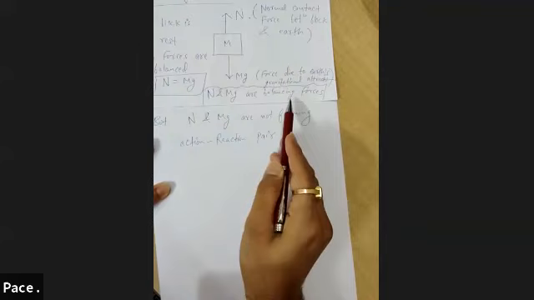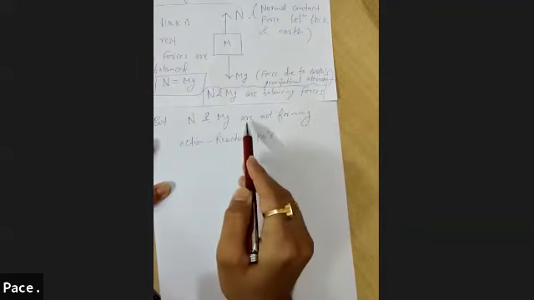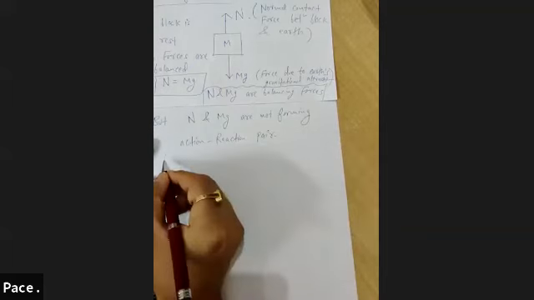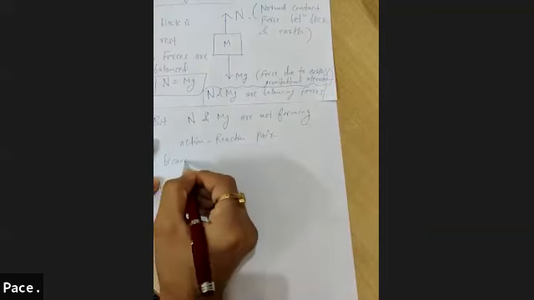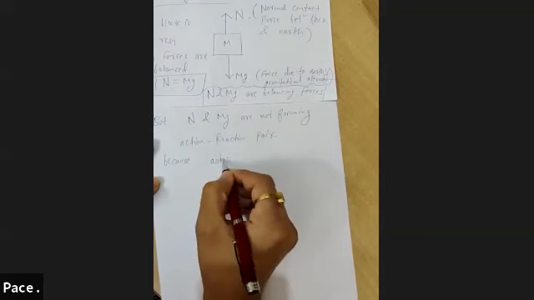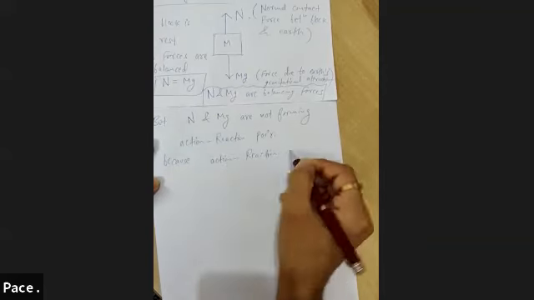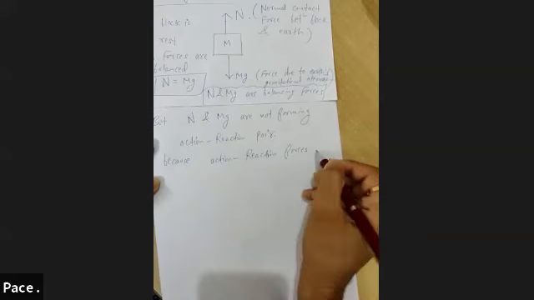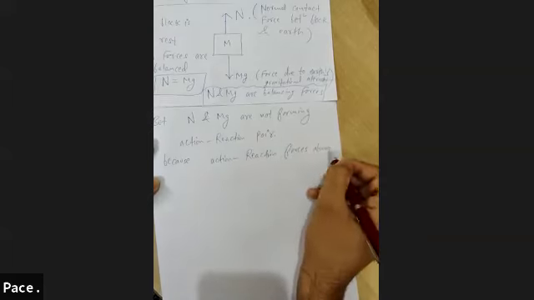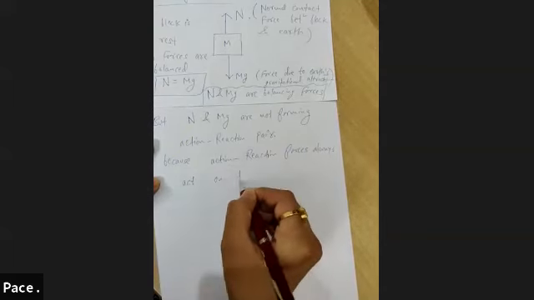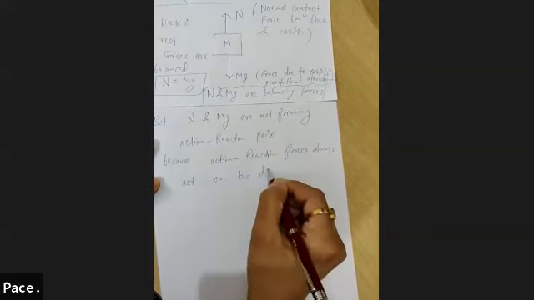Normal and mg acting on this block M are not forming an action reaction pair, because action reaction forces always act on two different bodies.